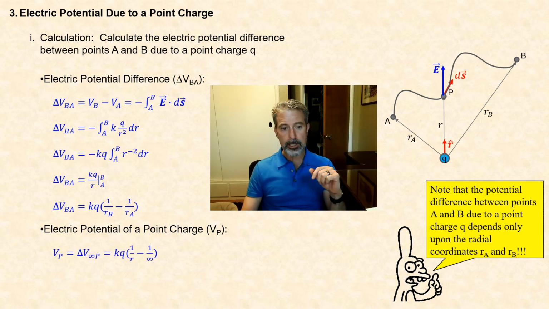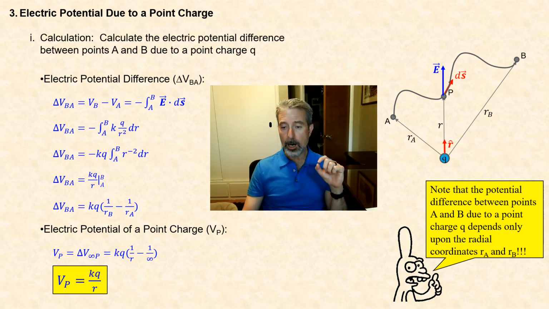So to calculate the potential at that single point P, let's take the potential difference between infinity and P, and you'll notice that, our initial point being infinitely far away, when we substitute infinity in for r sub a, 1 over infinity is 0. And now we come up with this very simple yet very important expression for the electric potential of a point charge at any given point in space.